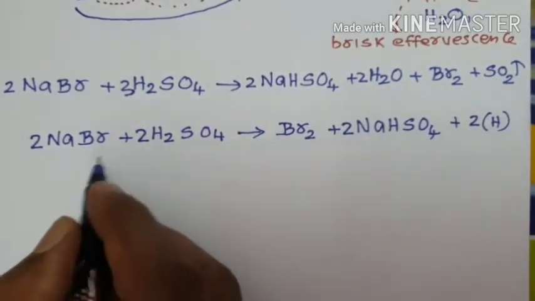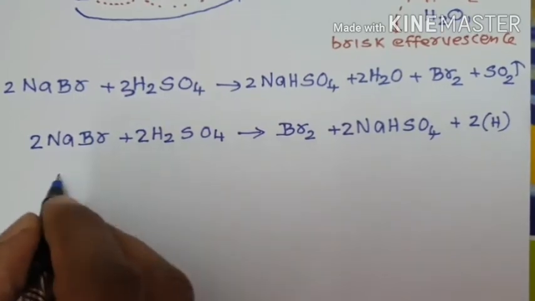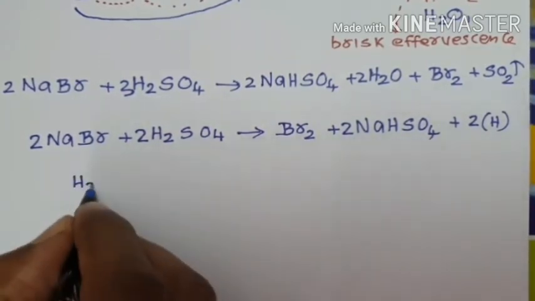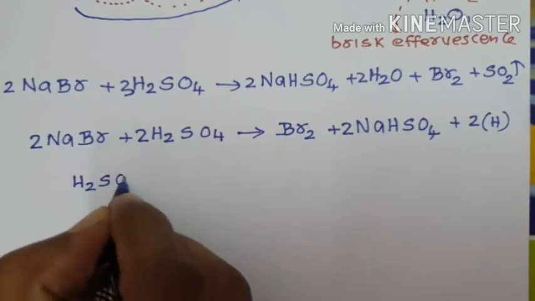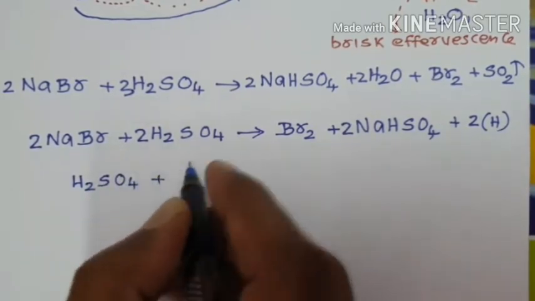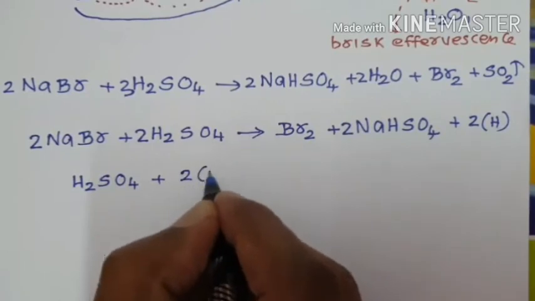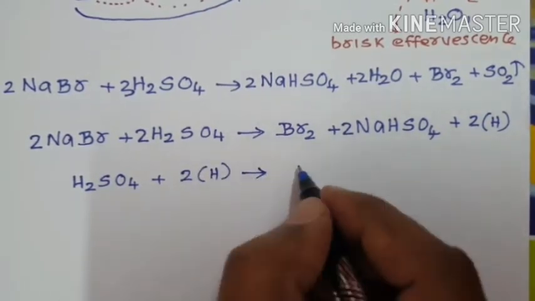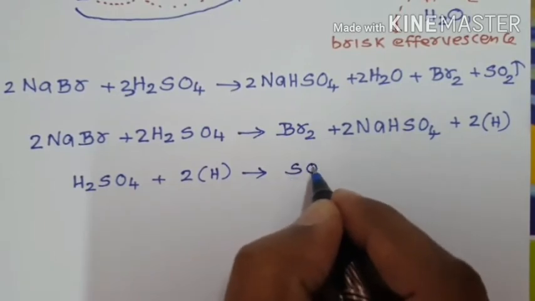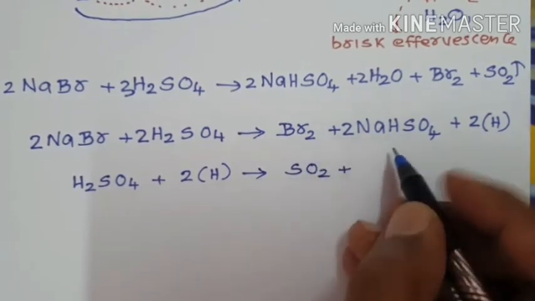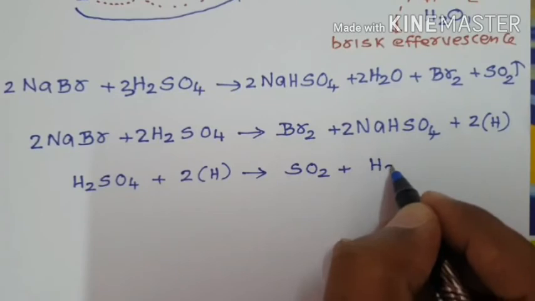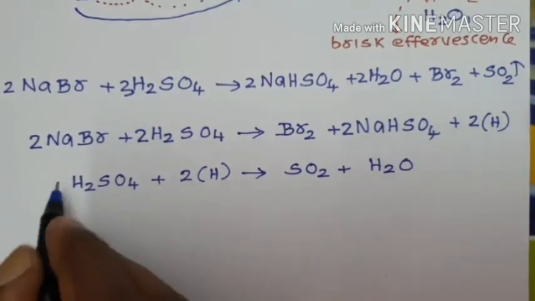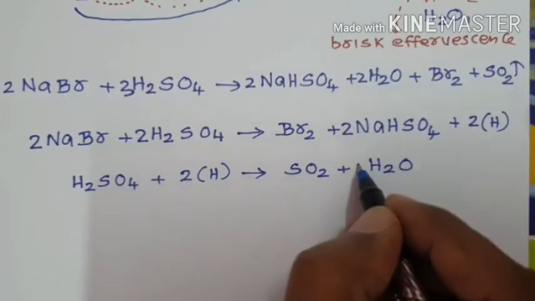In the second step, sulfuric acid is reduced by nascent hydrogen. H2SO4, sulfuric acid, is reduced by nascent hydrogen and gives sulfur dioxide, SO2, plus water molecule, H2O. The equation has 2 hydrogen, 2 hydrogen, 4 hydrogen.